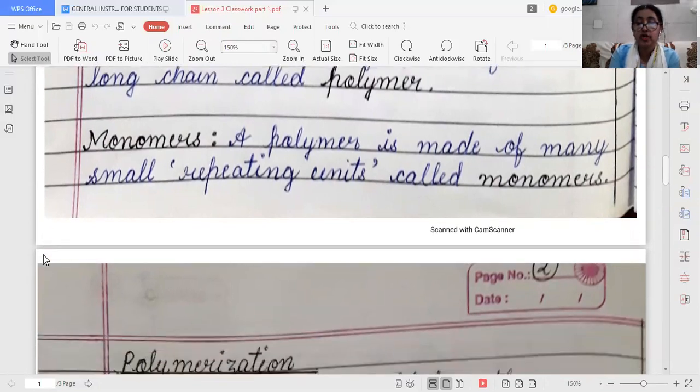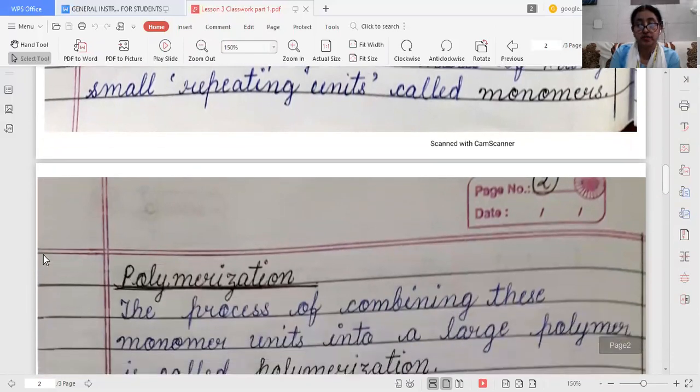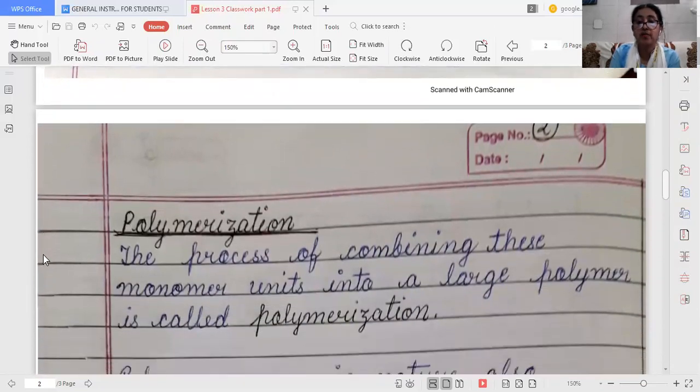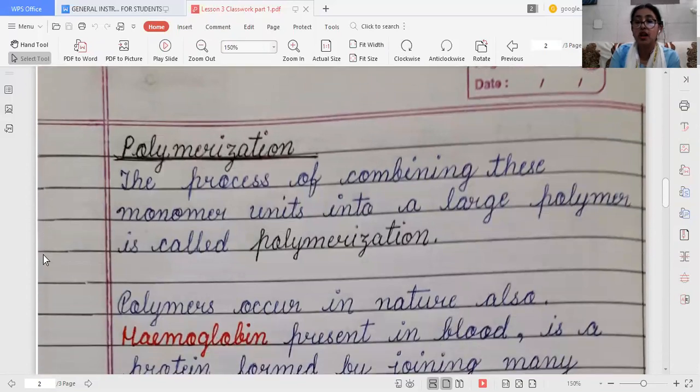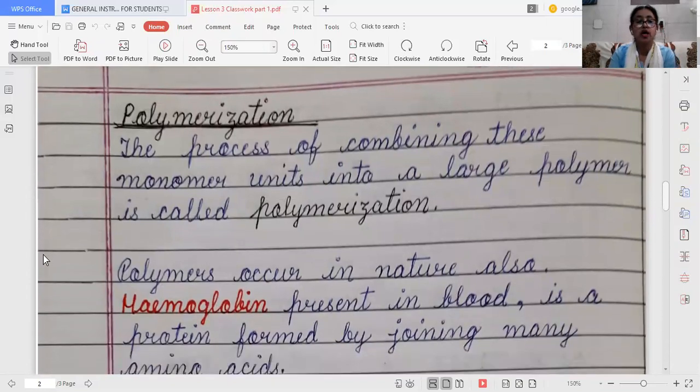Now we will go to what is polymerization: the process of combining these monomer units into a large polymer is called polymerization. Understood?